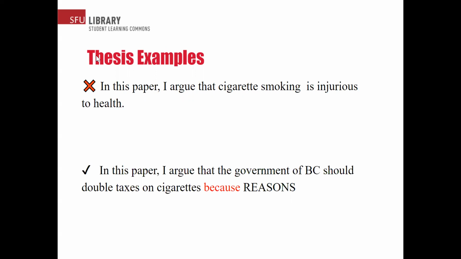So these people might have their own argument, their own reasons for disagreeing with me. Then my job in my thesis would be to write an argument to show that my position is valid, to show why the government of BC should double taxes on cigarettes.